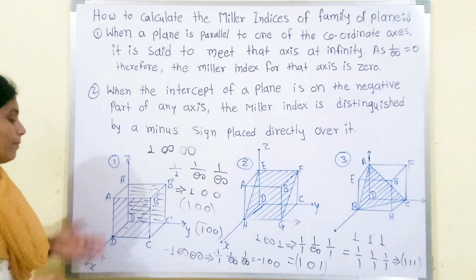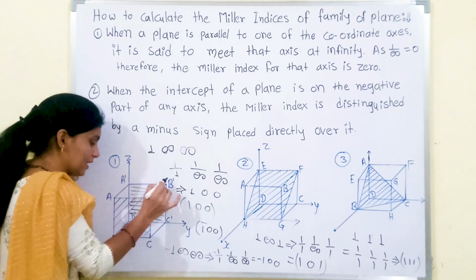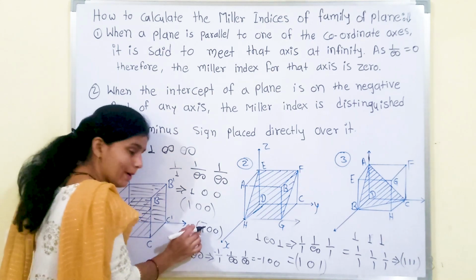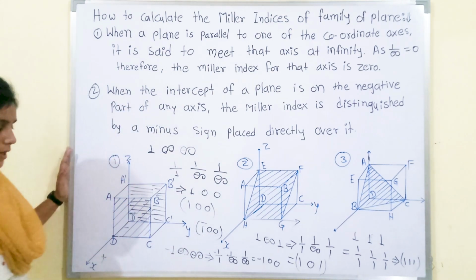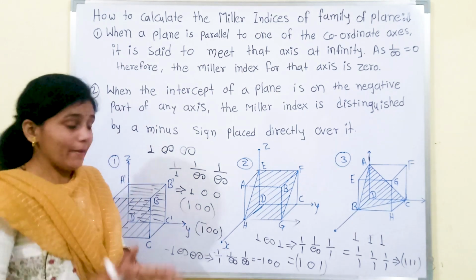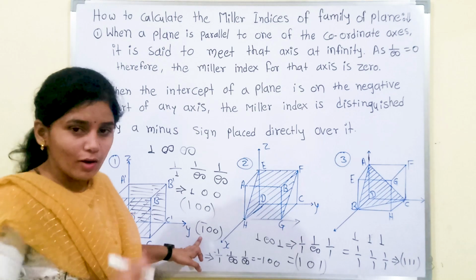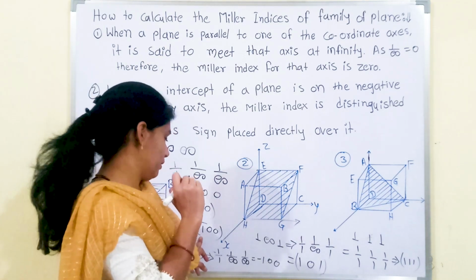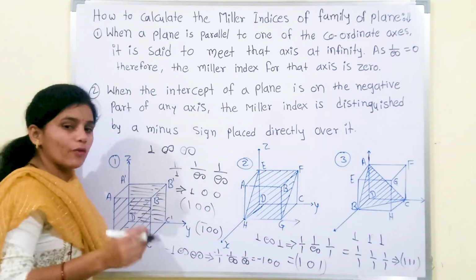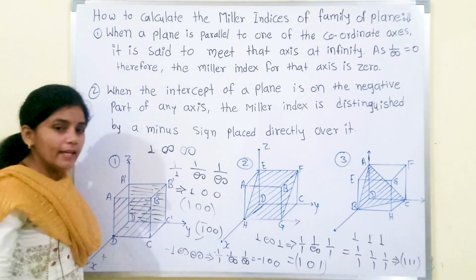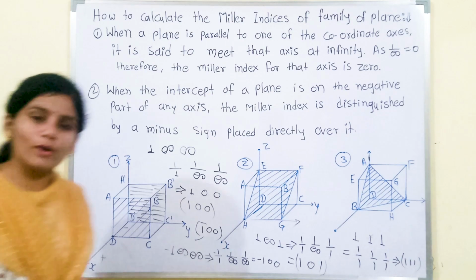So the plane A dash, B dash, C dash and D dash is the (1 bar 0 0) plane. Remember that if we have a bar on any index of a plane, it means the plane is in the negative direction of that axis. Thank you for watching this video.